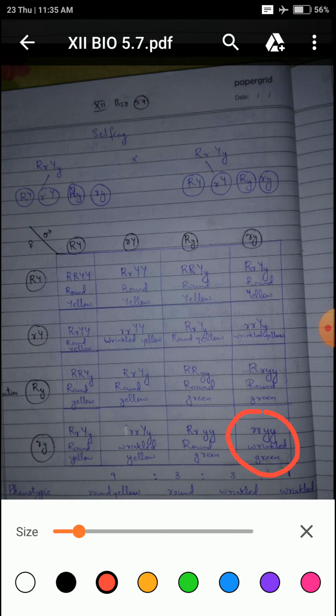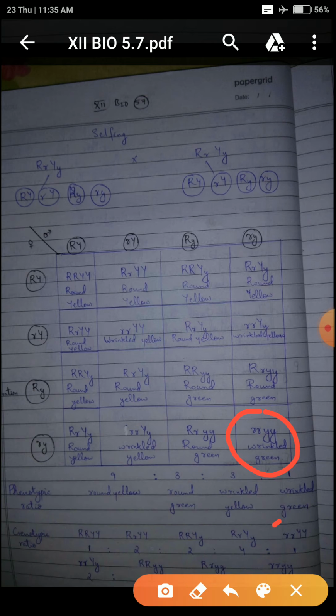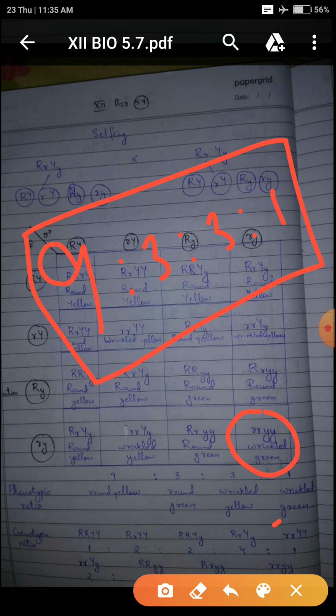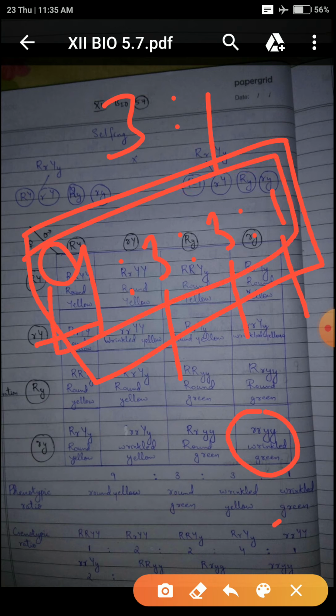So we can say the phenotypic ratio is 9:3:3:1, which is totally different from the phenotypic ratio of a monohybrid cross, which has 3:1 as ratio, right? Round yellow, round green, wrinkled yellow, wrinkled green, right? This is how the phenotypic ratio occurred, and in total it will be 16.